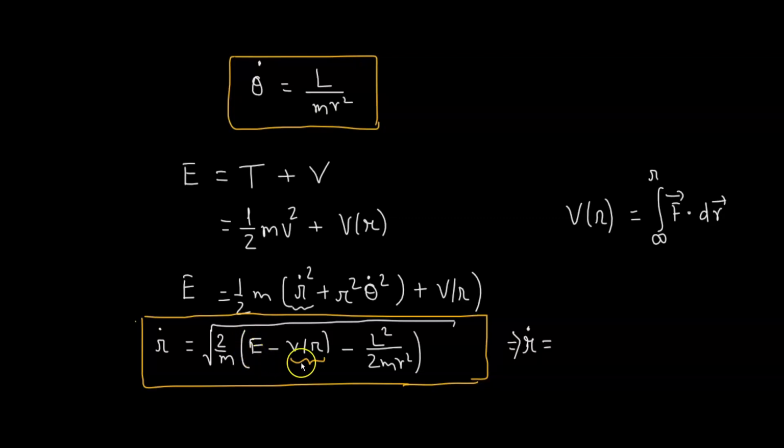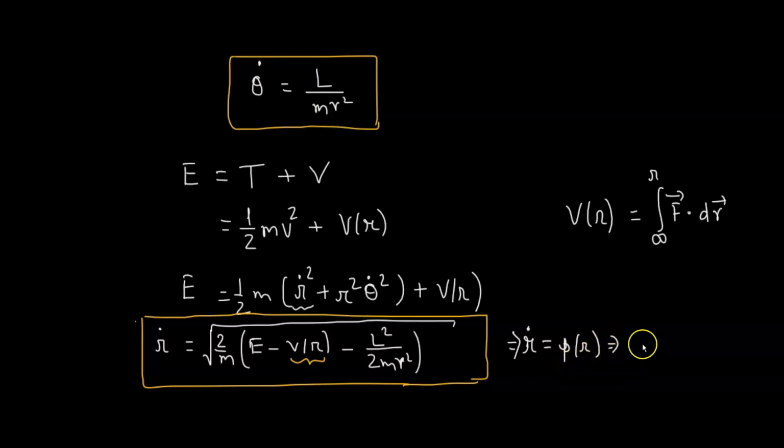E is a constant, we have V, the potential function of r, then we have L squared over 2mr squared. L and 2m are constants, so we have r dependence here. So this entire expression is a function of r, and we can say that r dot equals p of r.